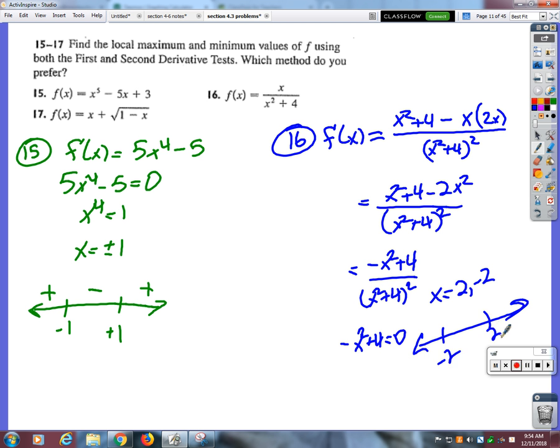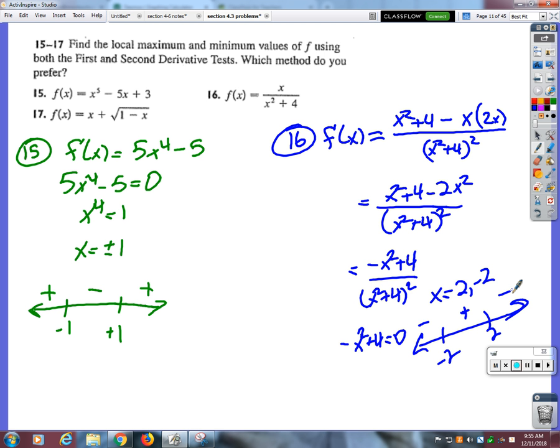Pick a number, 0, positive or negative. And then it alternates on either side. So minimum, maximum. Don't want to do number 17.